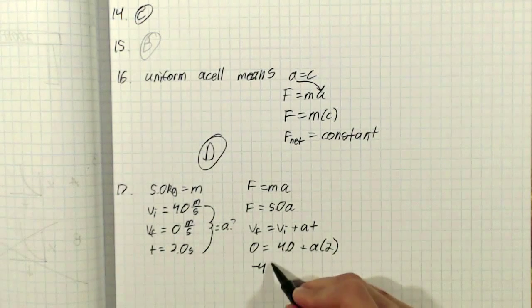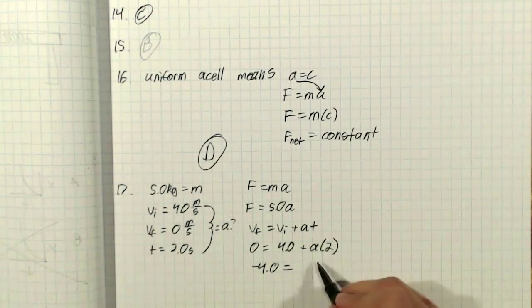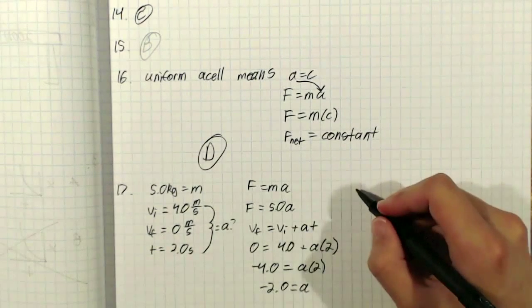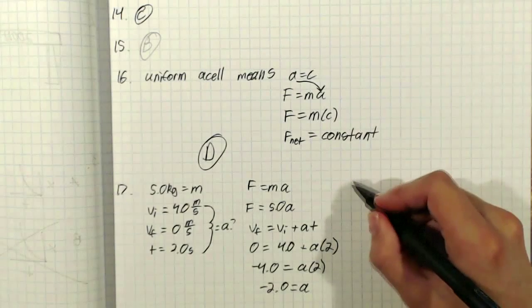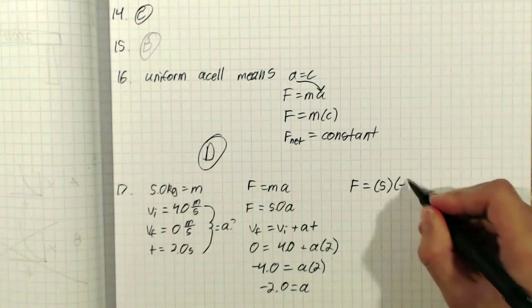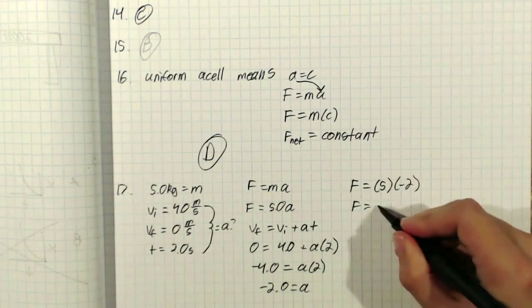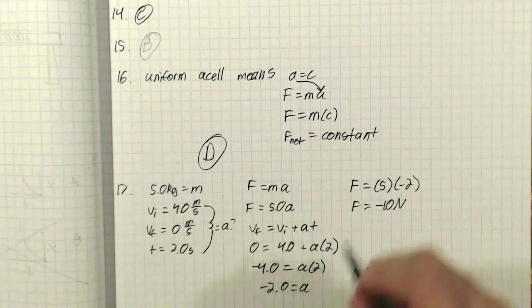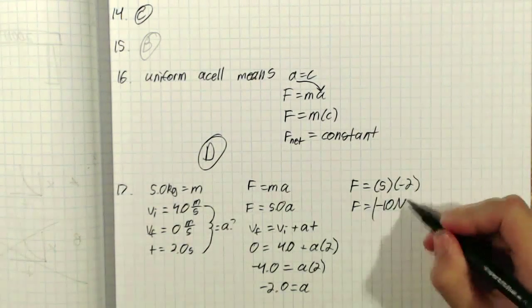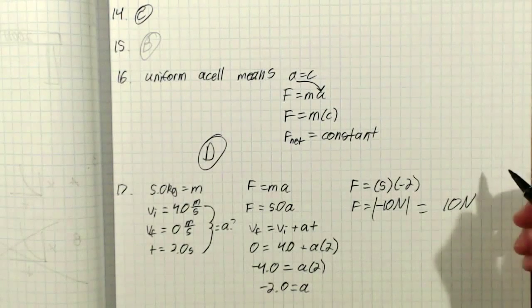So negative 4 meters per second equals our acceleration times our time of 2, and you get negative 2.0 meters per second squared equals our acceleration. We multiply that by our mass, and we get our force equals negative 10 newtons. But wait, that's not an answer. If we look back at the problem, it's asking for the magnitude of the average force, and magnitude is an absolute value. You're never going to have a negative magnitude. So we just go 10 newtons, which is C.